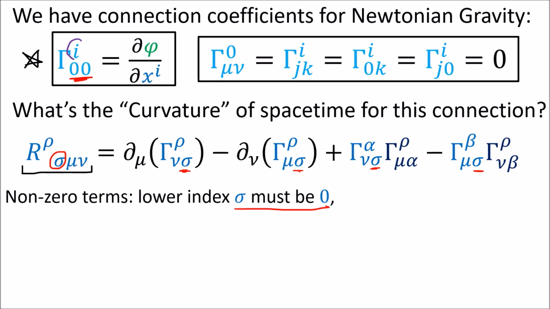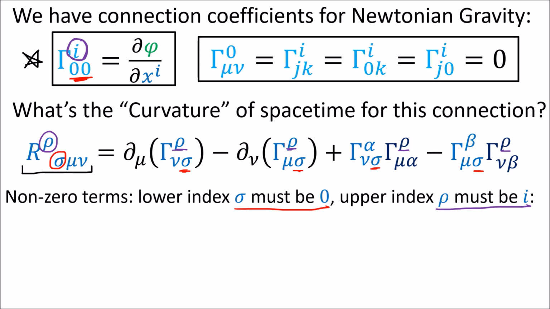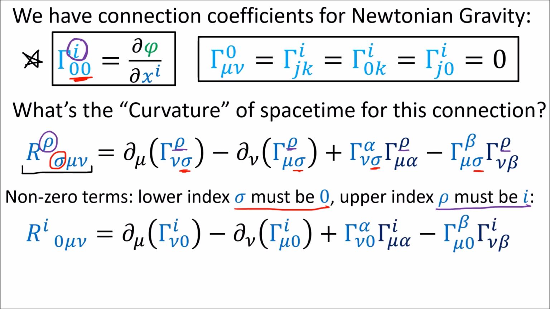And since gamma is only non-zero when the upper index is a spatial index i, we can conclude that the Riemann tensor components are only non-zero if the upper index is also a spatial component i. So the formula for the non-zero Riemann tensor components looks like this.